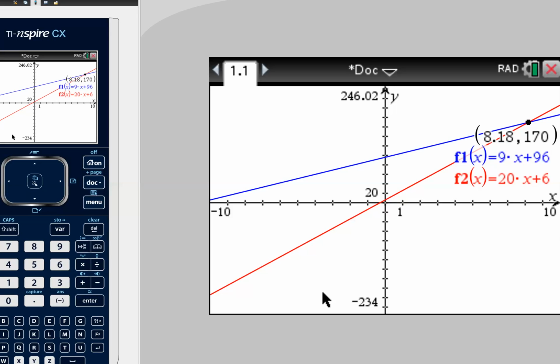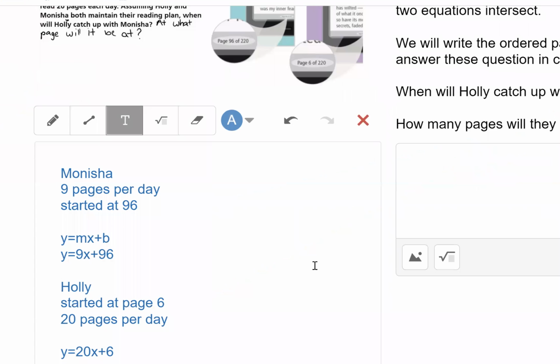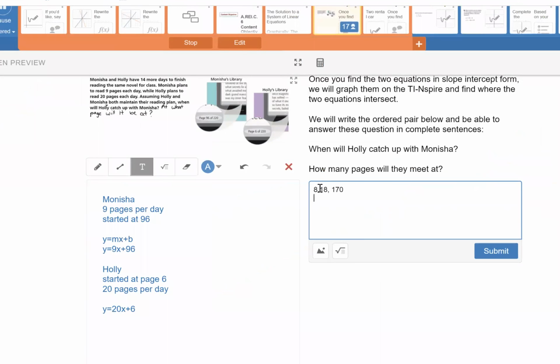Let's go back to Desmos. 8.18, 170. Now this is an ordered pair. Fantastic.